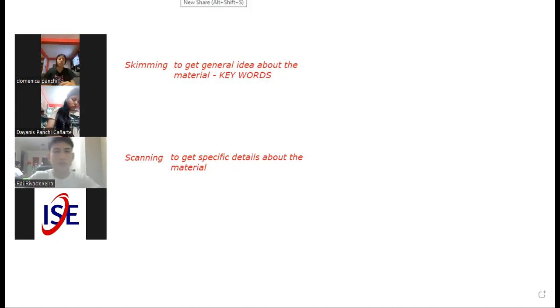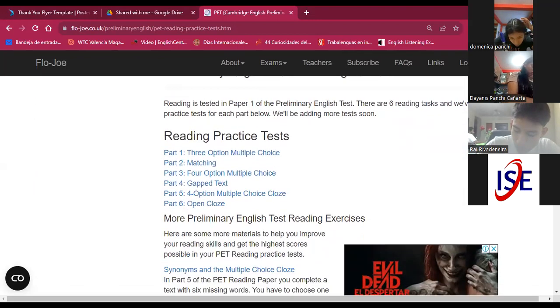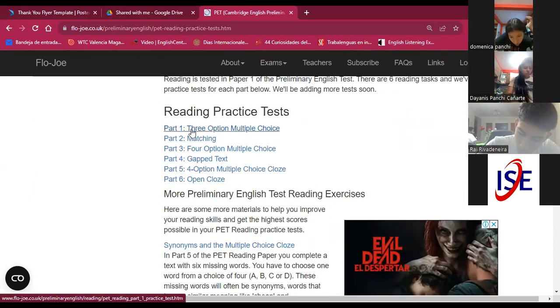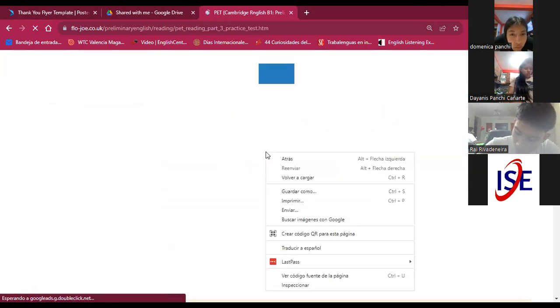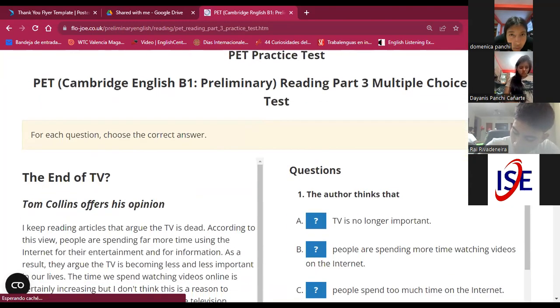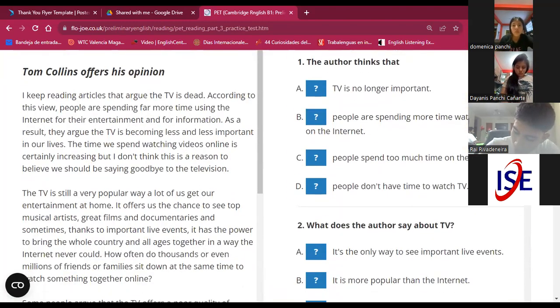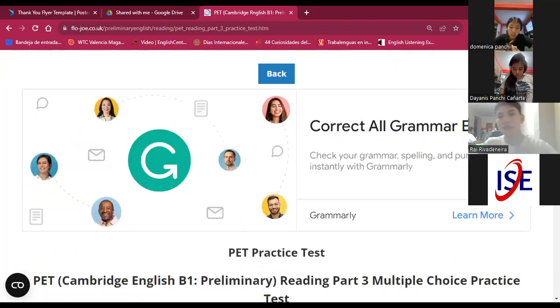Okay, so let's go to an example. Let's go to the reading practice test. We did 3-option multiple choice. We did matching. Let's go to 4-option multiple choice. No, we did this.